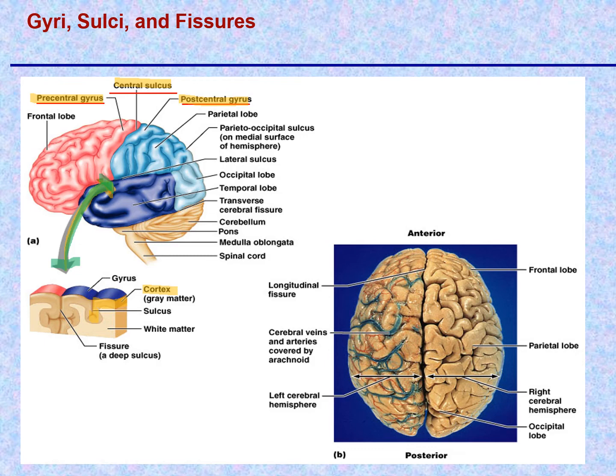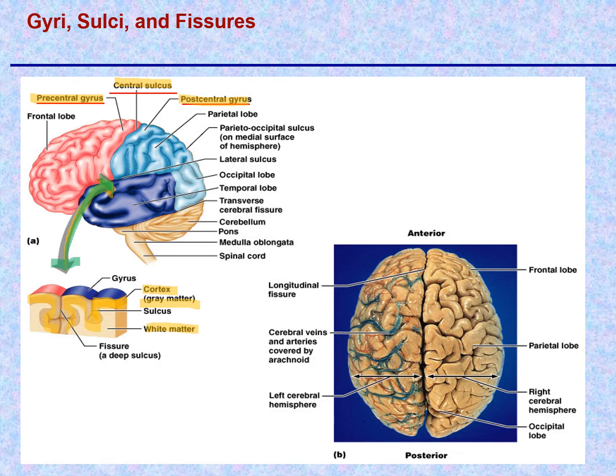So all along the surface, and it goes down into the sulci, the grooves, you have gray matter, and that is the cerebral cortex. And below that is all white matter, except for the deeper nuclei.